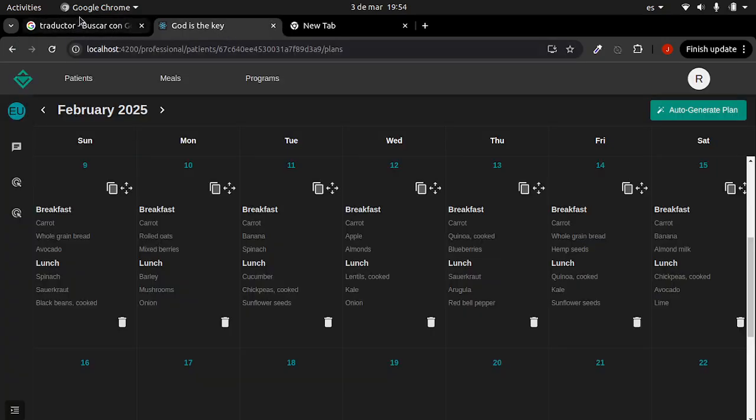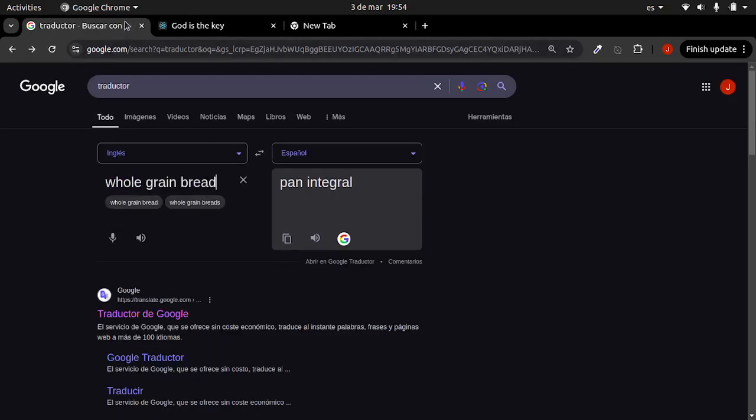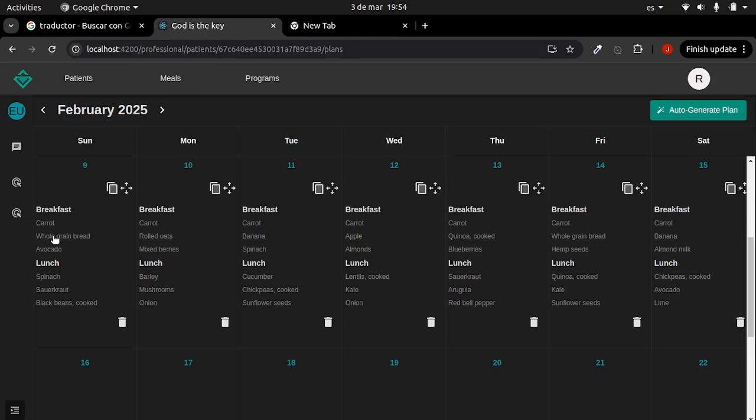Whole grain bread. Okay, I believe that we have one problem here. ChatGPT is adding whole grain bread, rolled oats. I saw that some people use oats to heal cancer also.